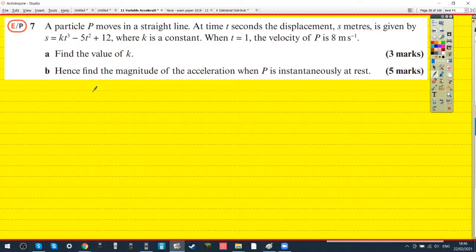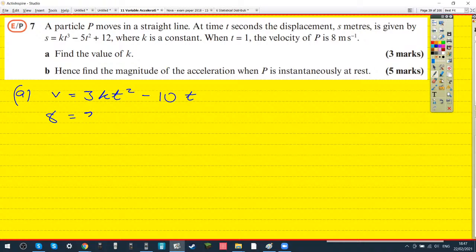So I think, shall I first differentiate this and get 3kt squared minus 10t, and then make v equal to 8, then do 3kt squared minus 10t minus 8.